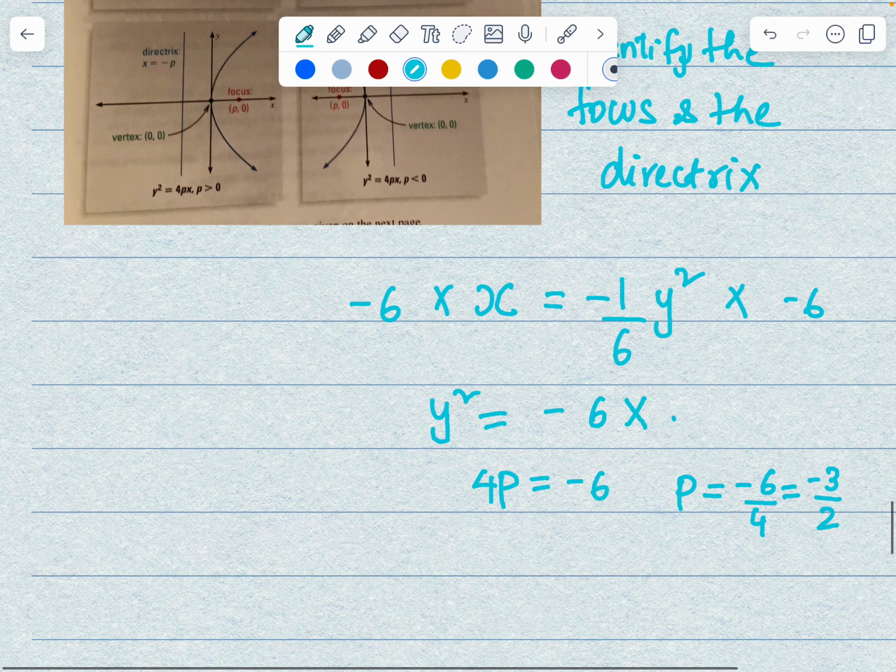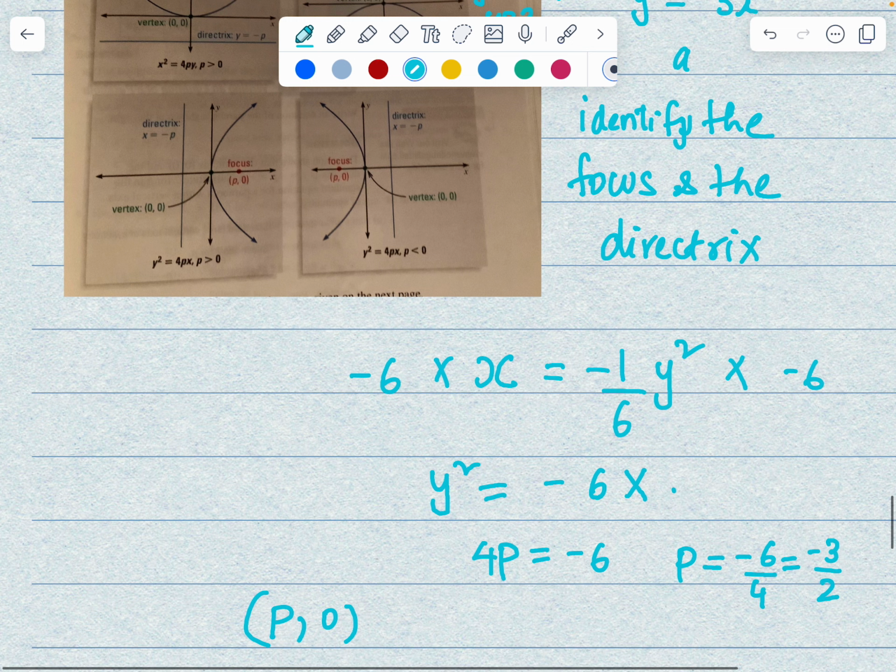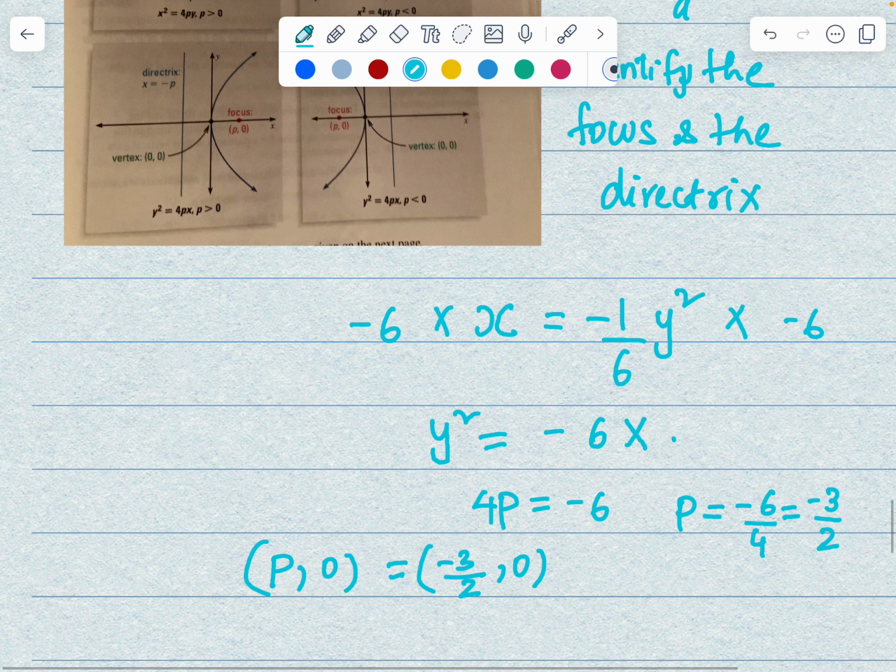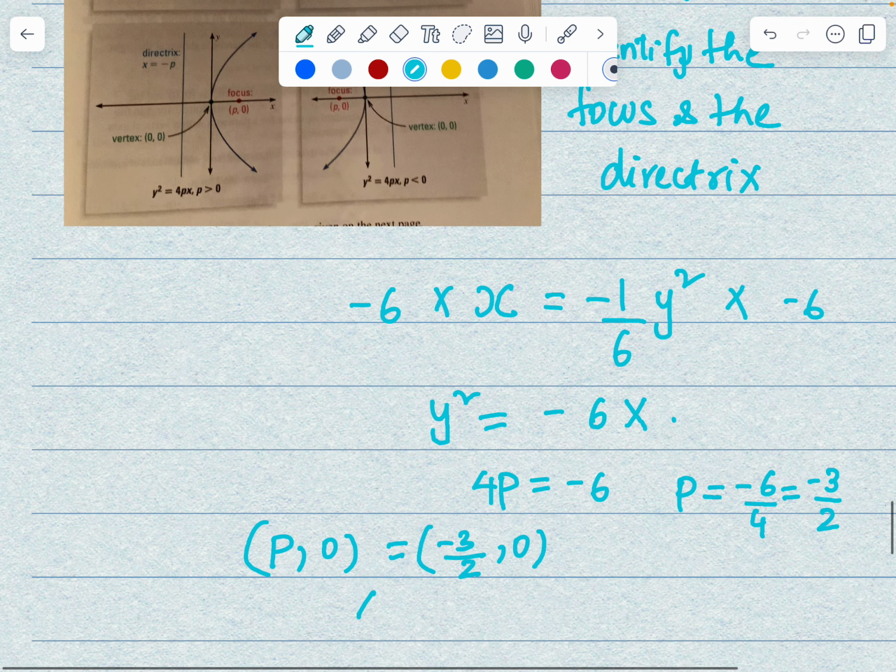So remember our focus is p comma 0, right? So therefore it's -3/2 comma 0. And what is your directrix going to be? Your directrix is going to be x is equal to minus p.